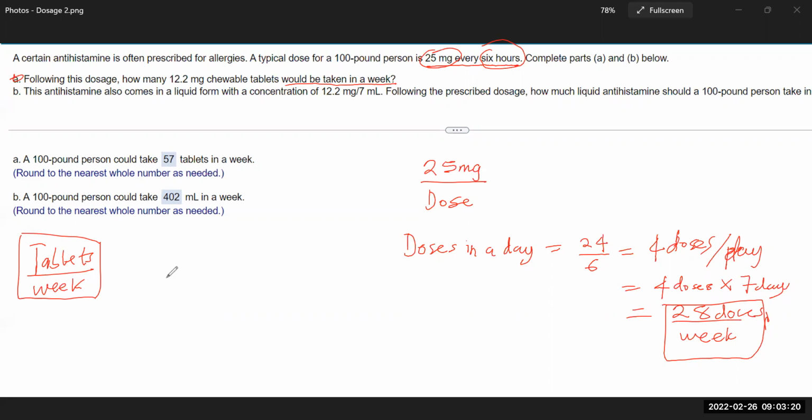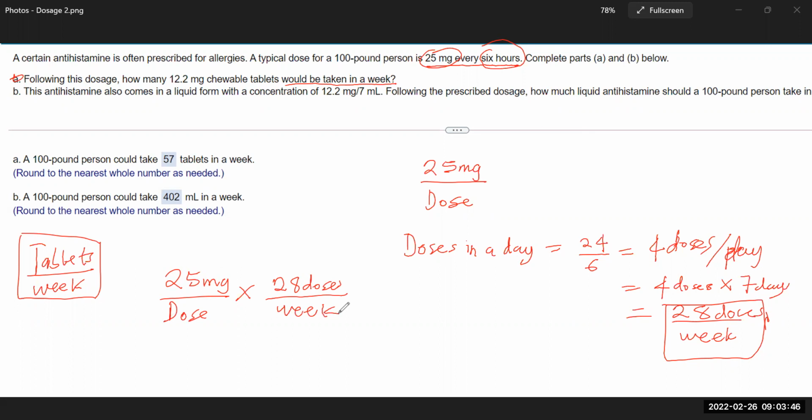So we do 25 milligrams per dose, okay? And multiply that by the number of doses per week, which you already found, which is 28 doses, okay, per week.